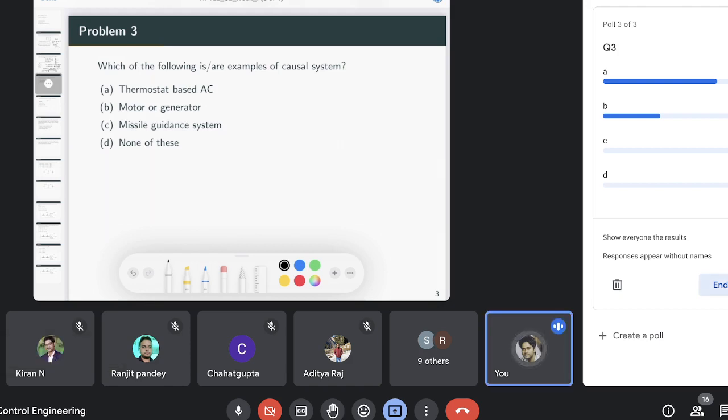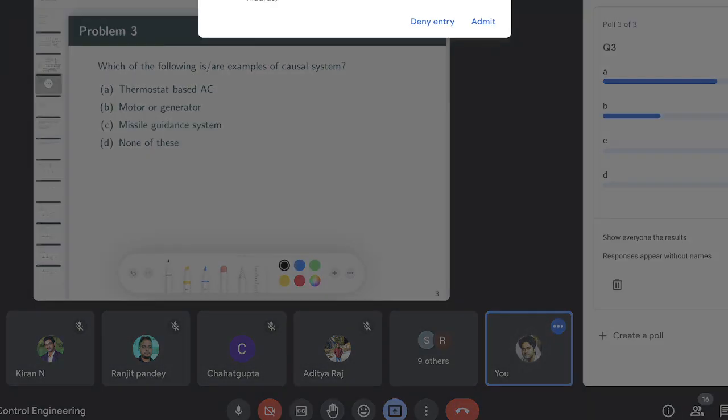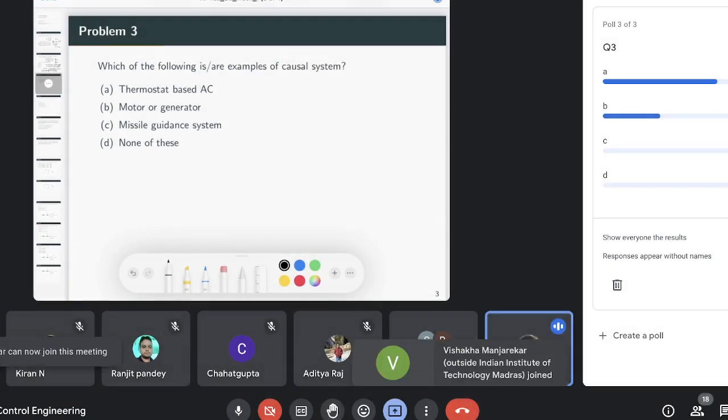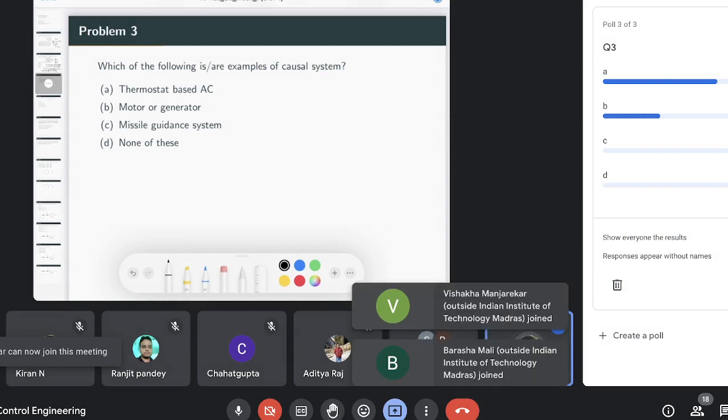Anyway, we'll just discuss this question. It's just for self-practice, nothing else. As you know, this is about causal systems. What is the difference between causal and non-causal systems? In a causal system, the output depends on the input that has happened through the past up to the present time only.